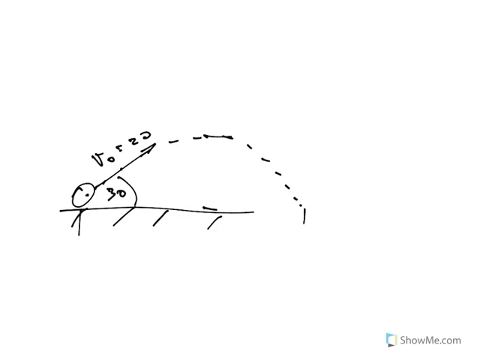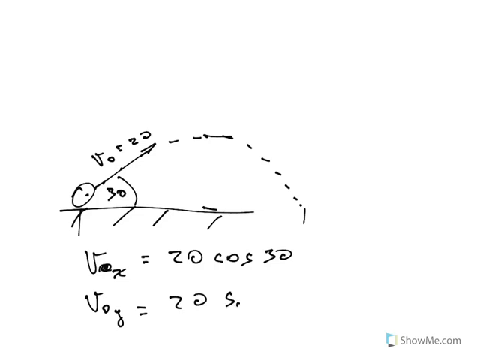Because this velocity is at an angle, and I know angles are bad for vectors, the very first step I'm going to do is break this velocity up into its components. So it's going to be some amount of velocity in x, some amount in y. And of course, you're going to find it is 20 cosine 30 and 20 sine 30. Exactly what we did with vectors and trigonometry before.